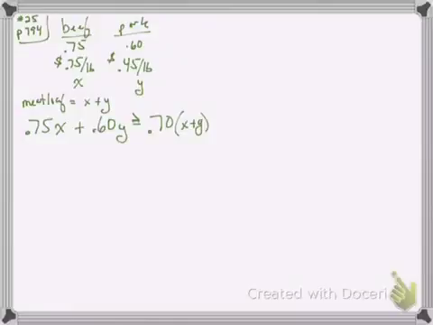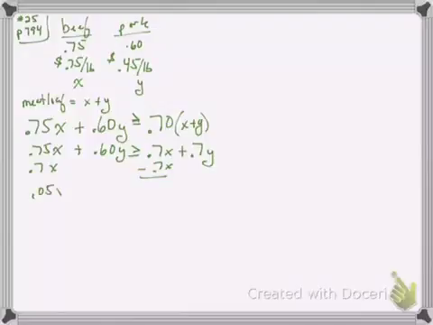Then I'll do some algebra and solve for y. I think that will be easiest because we're going to end up graphing that, so it's easier to be in slope-intercept form. In this case, I'll subtract out 0.7x from both sides. Oops, I put a y instead of an x. Silly me. There we go. That's 0.05x.